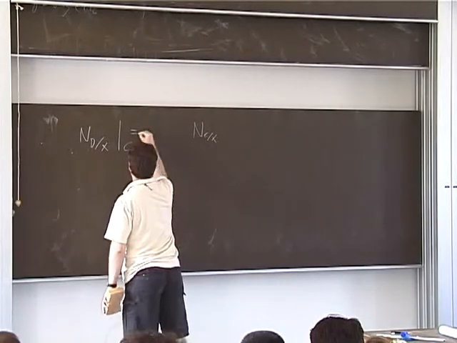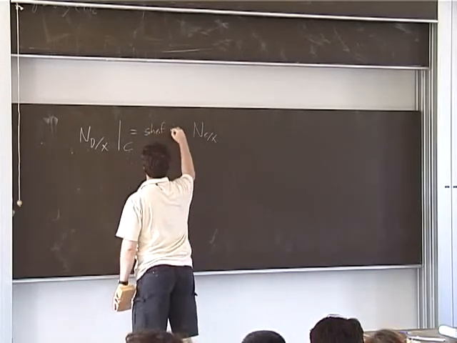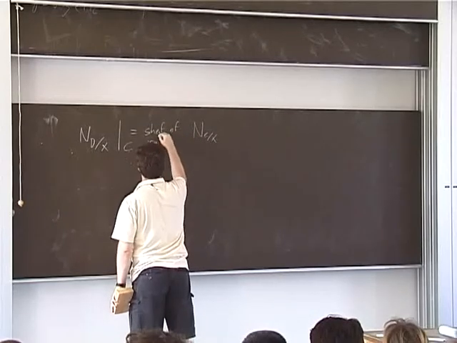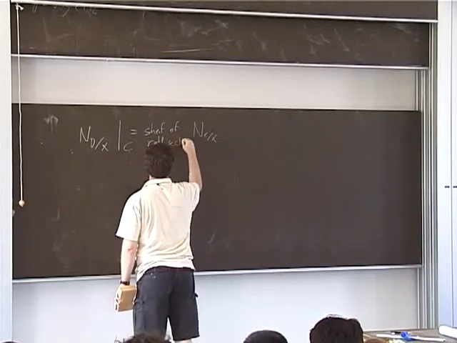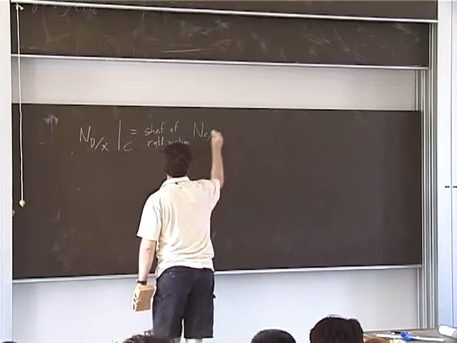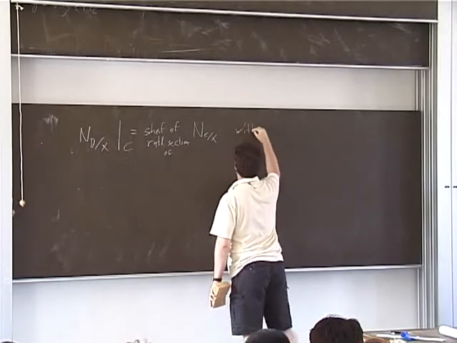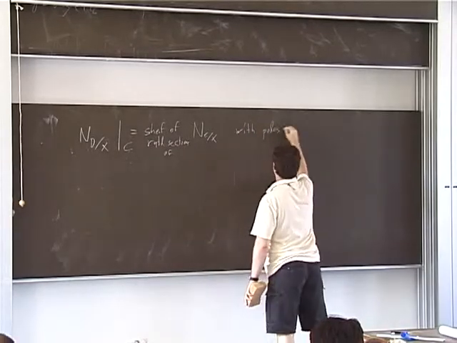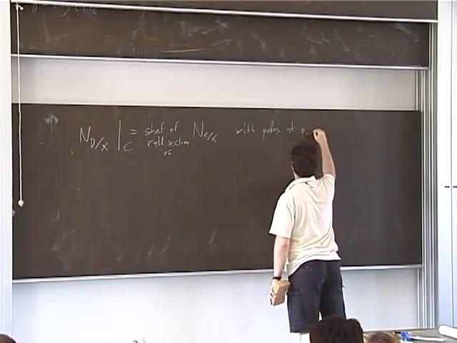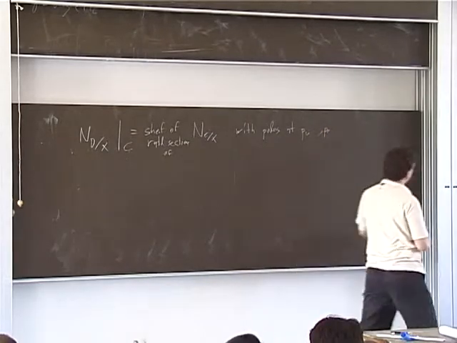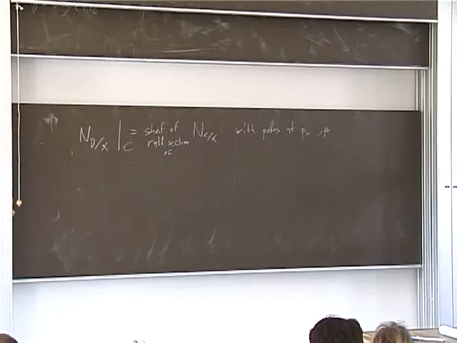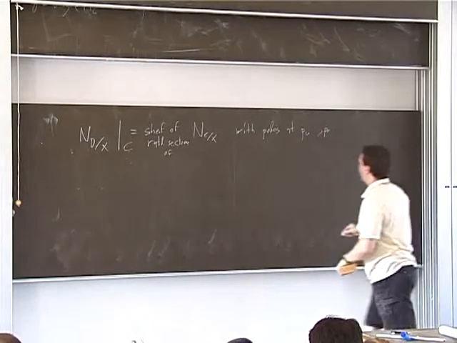So this is equal to the sheaf of rational sections, so meromorphic sections, of this guy with poles at the points P1 through PR in the tangent directions Vi.